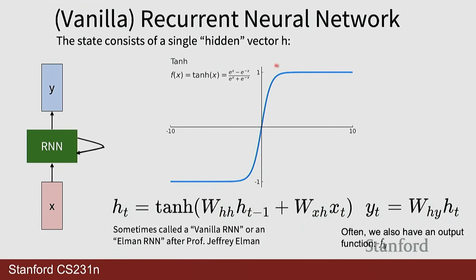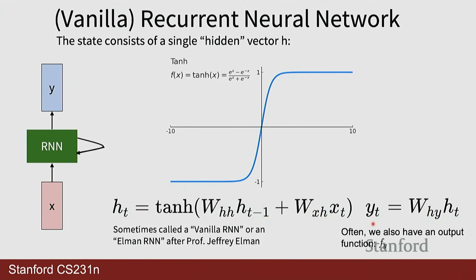It's also zero-centered, and you can represent both positive and negative values. This is why people use tanh. Also, we sometimes have an output function f_y here, but in the simplest case, your output y_t could just be a matrix multiplied by your hidden state.